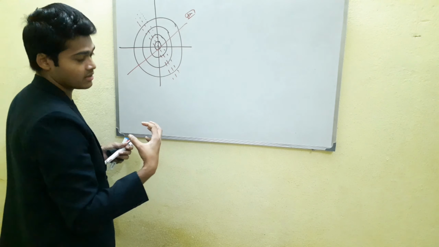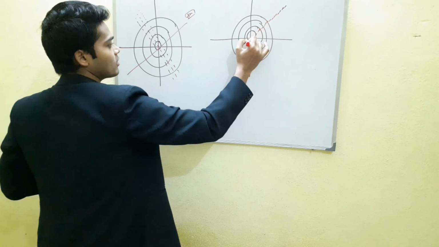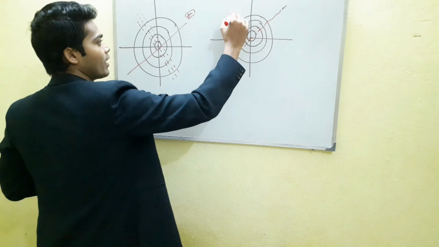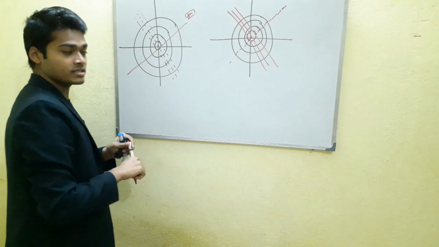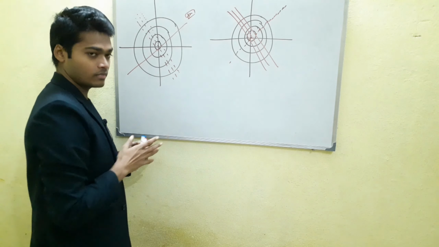Then the next scene you get is that the spherical is getting blurred and this is getting prominent. Now you take the reading of this cylinder part.